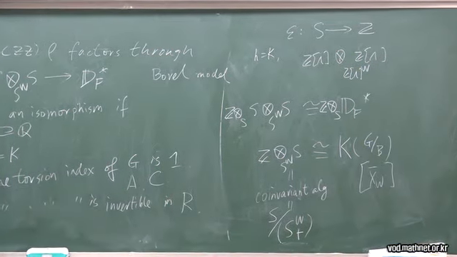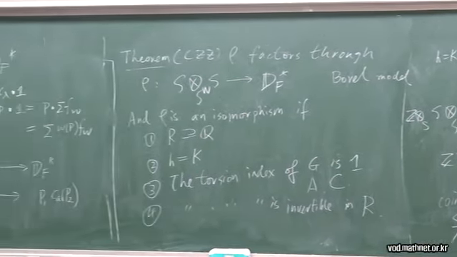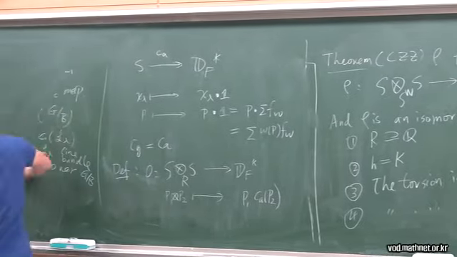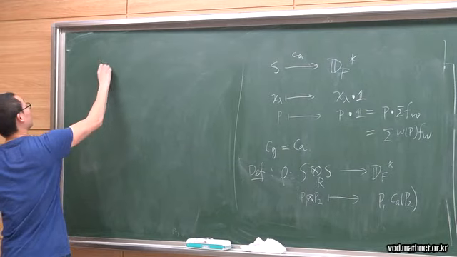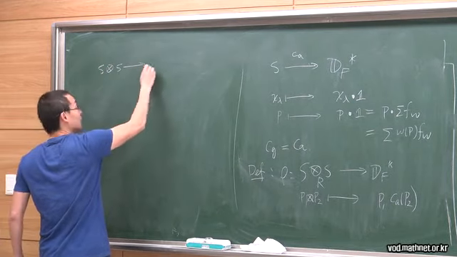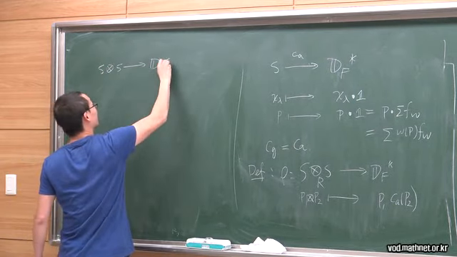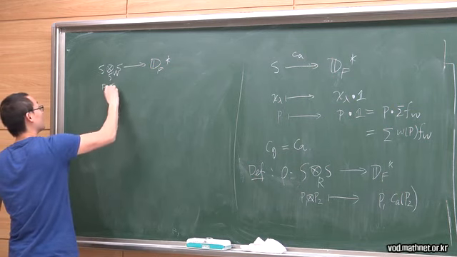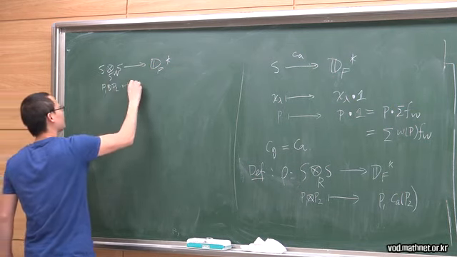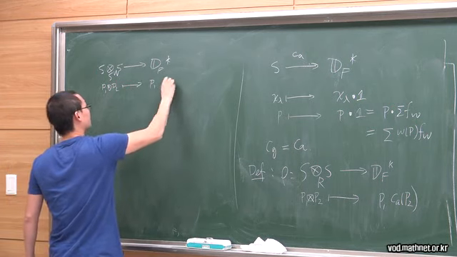Now, why is this interesting? There's another reason actually. So let's look at this S tensor S going to here, sending P1 tensor P2 to P1 times the characteristic map of P2.